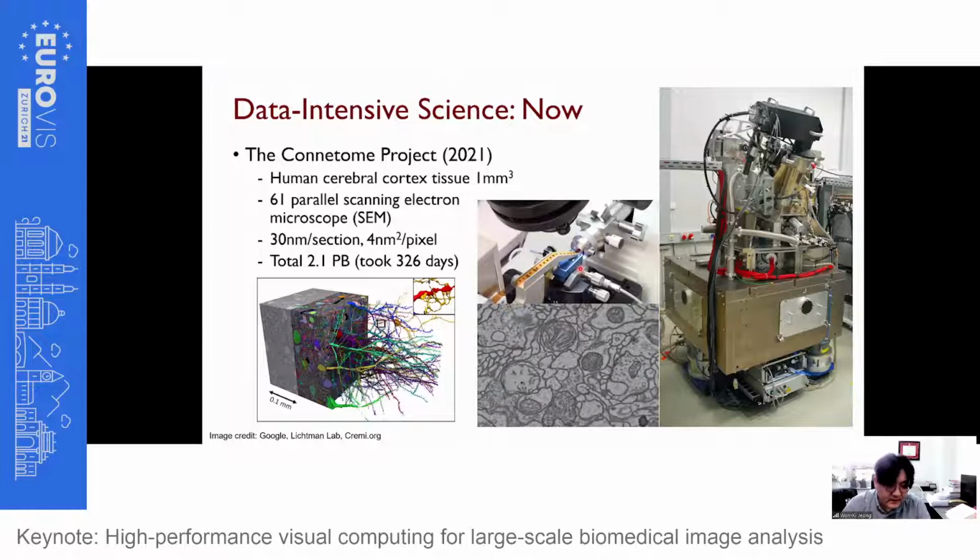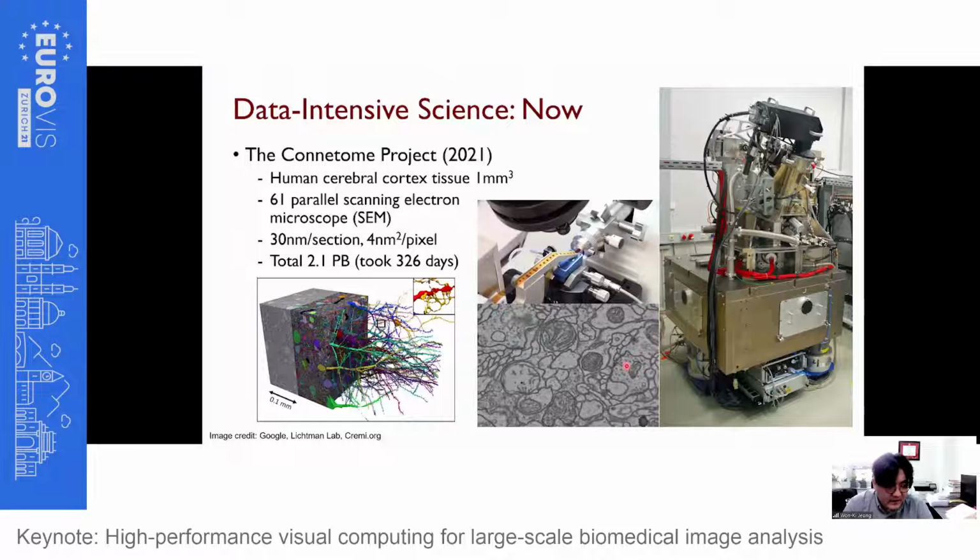The image that they can get is something like this. I grabbed this image from a very widely used data set from one of the challenges. As you can see here, we can see very detailed neuronal structures in this image, like membranes, mitochondria, or vesicles, which are not really visible in other imaging modalities.